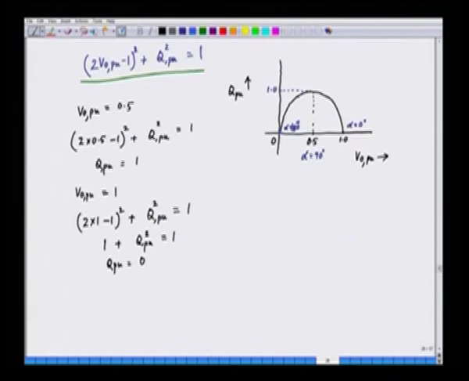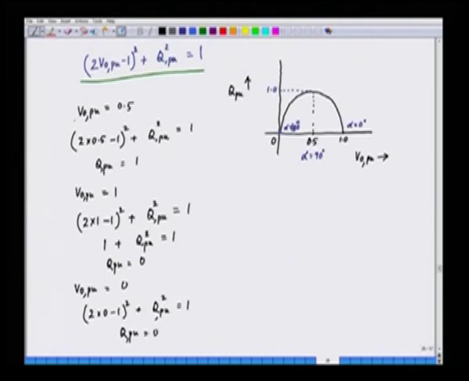Again, we can say that if V per unit is 0, we can substitute these values here. Again we have 2 into 0 minus 1 whole square plus Q per unit square is equal to 1, so Q per unit again is equal to 0.